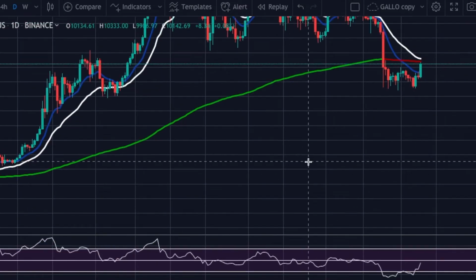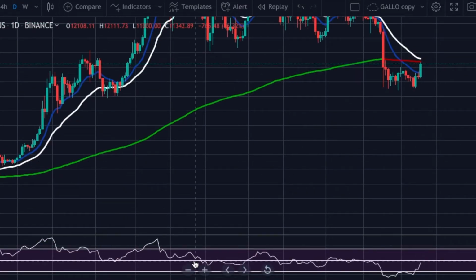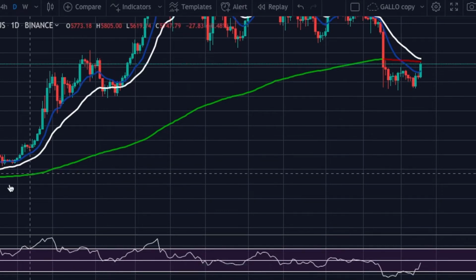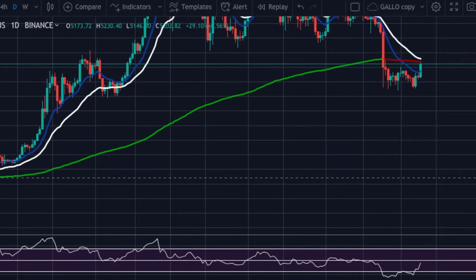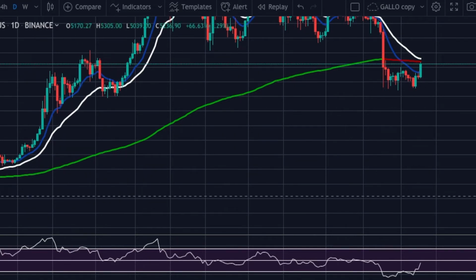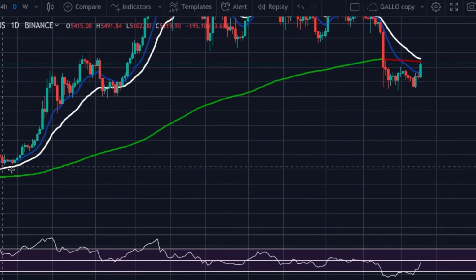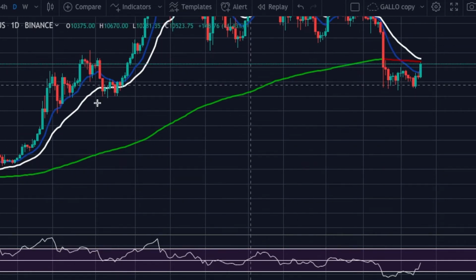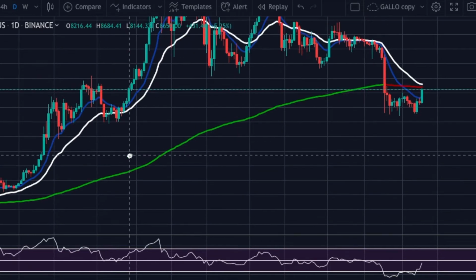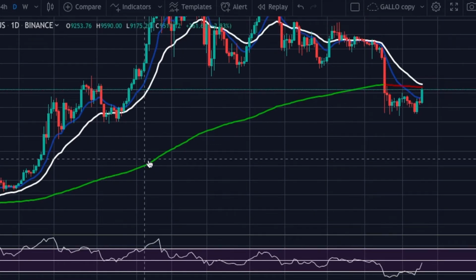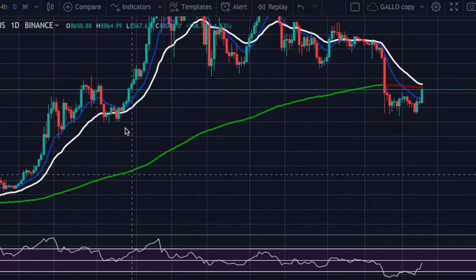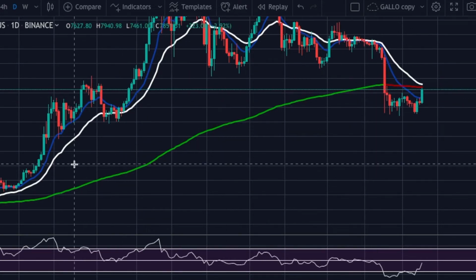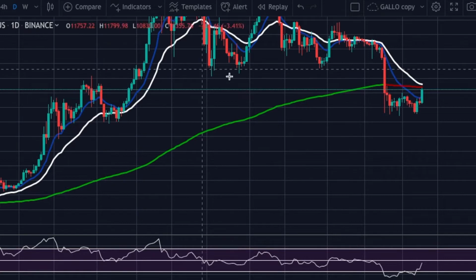I'm not going to explain all the strategy right here because that's all in our video, but briefly, when the 26 EMA, which is the white one here, is above the 200 EMA, and actually even better when there is some distance between the two, that means that the trend is strong.